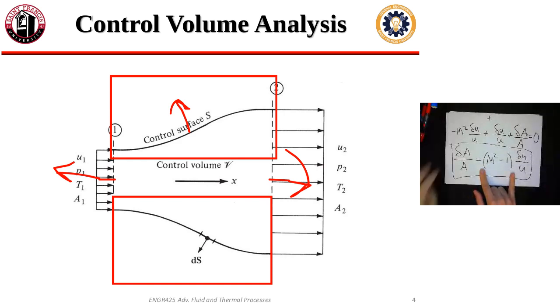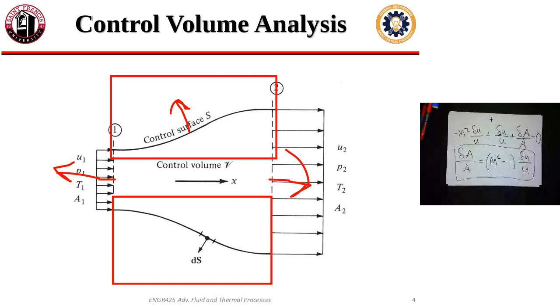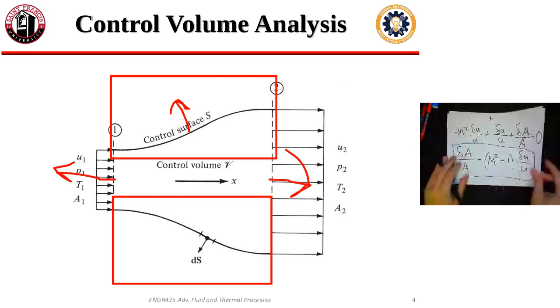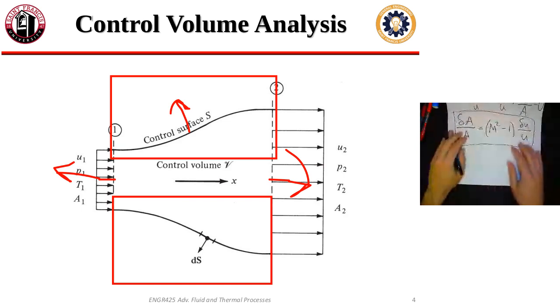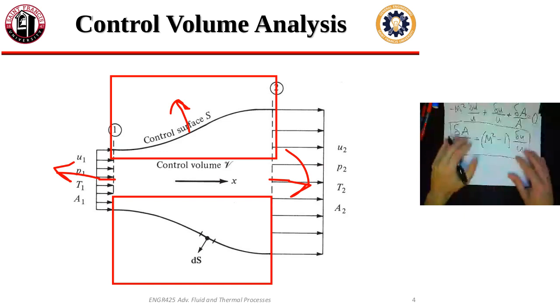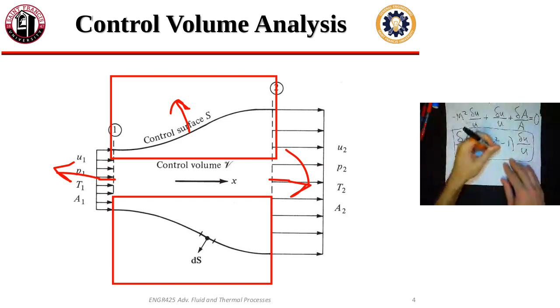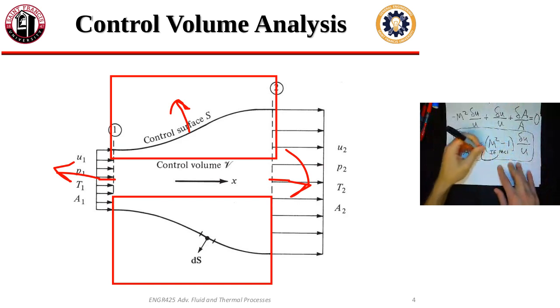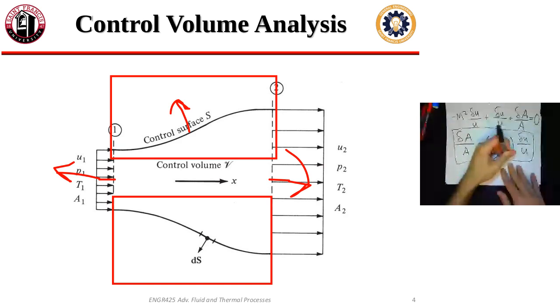I have a Mach number less than 1. So if M is less than 1, all that is negative.